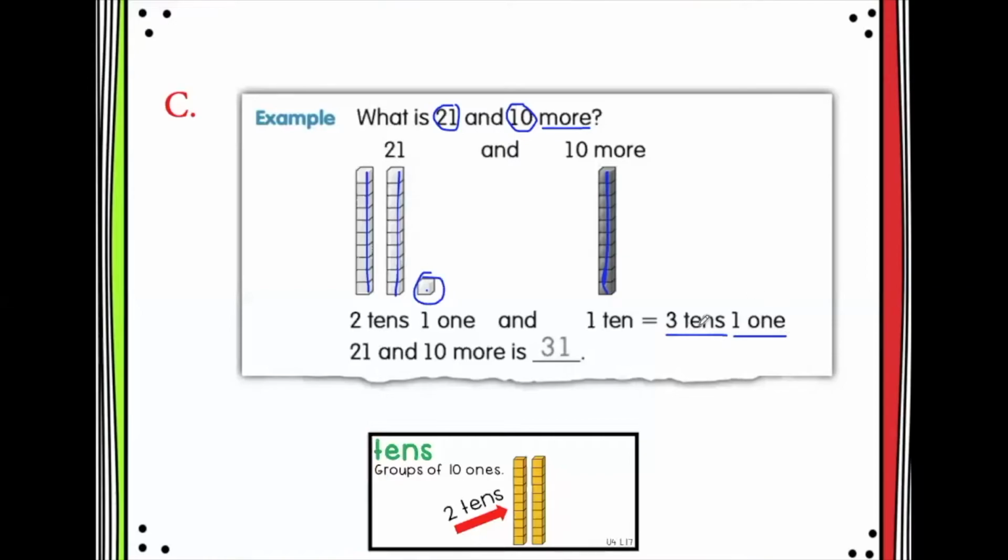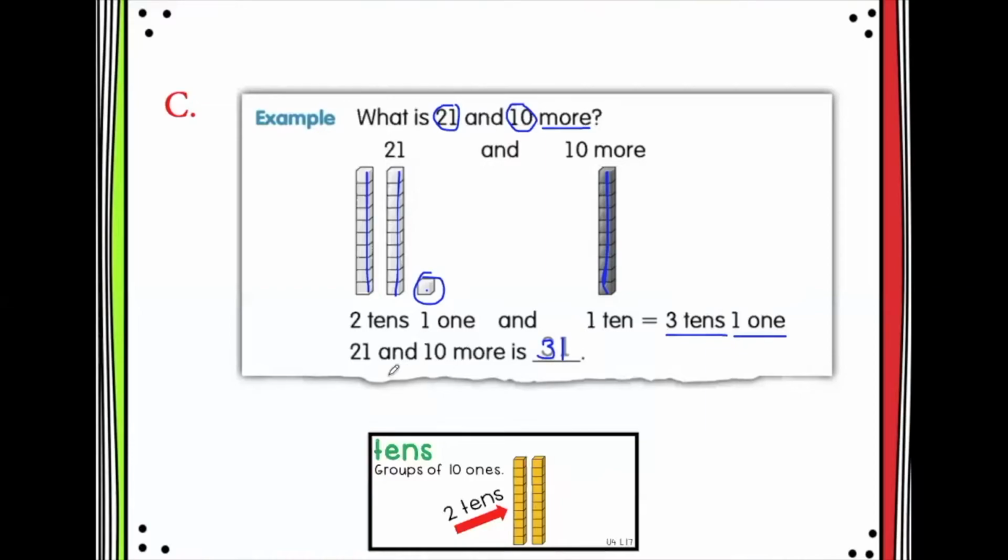So if we want to find out what that total is, 3 tens and 1 one is 31. So if we went all the way back to our beginning problem, 21 and 10 more is 31.